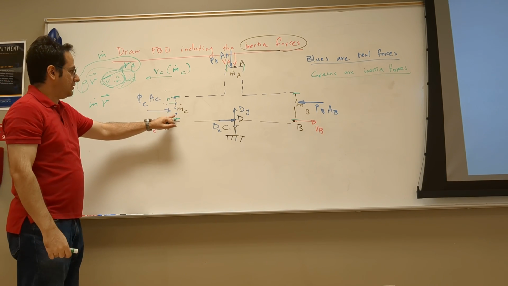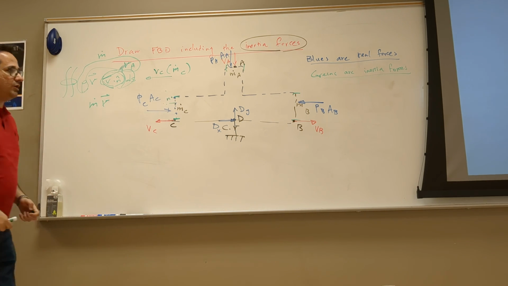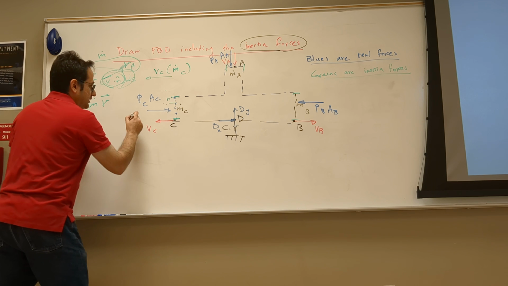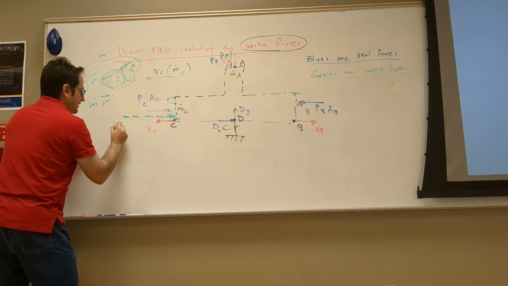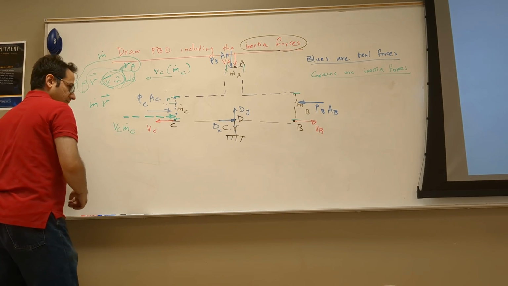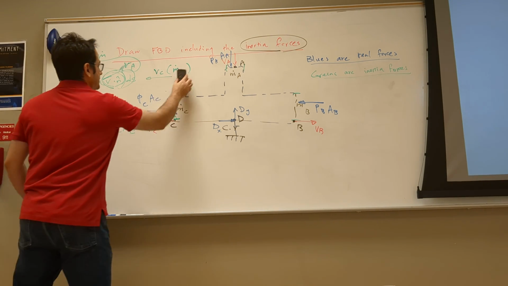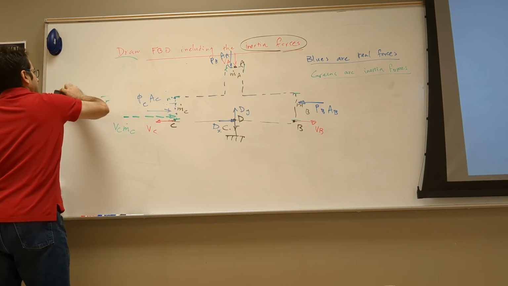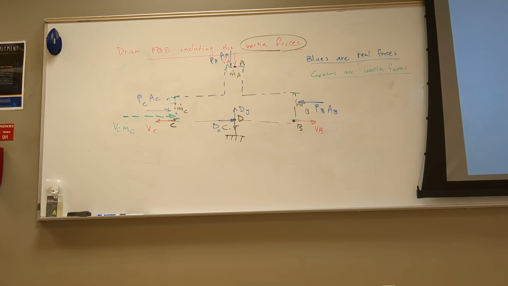So m dot at C times V_C, and it's going this way. But when I put it on my FBD, I put it this way. So that's V_C m dot C. Let me erase the extra space here. That's it. I don't need to do an integral. That's the advantage, you're done.